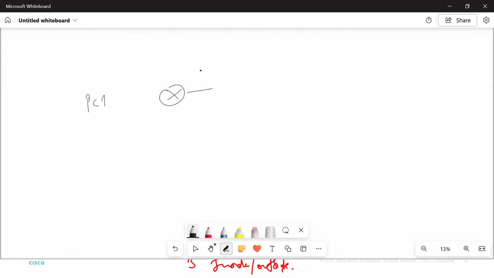This is our NAT enabled router. Then we have GigabitEthernet 0/1. Then we have GigabitEthernet 0/0 on this side. So this is our internet. Then this is our server. Let me have PC2 as well.